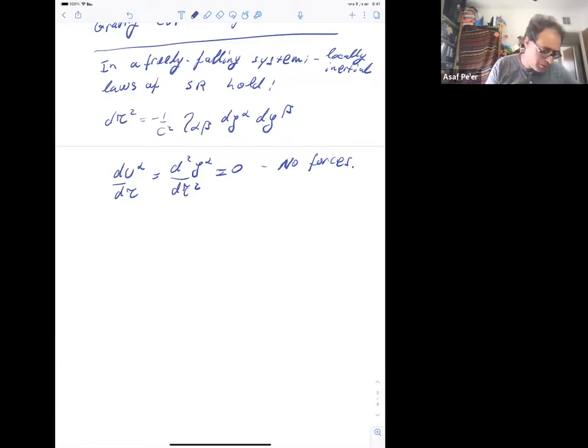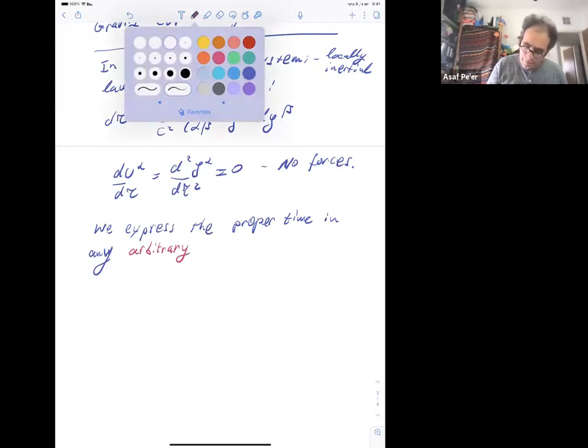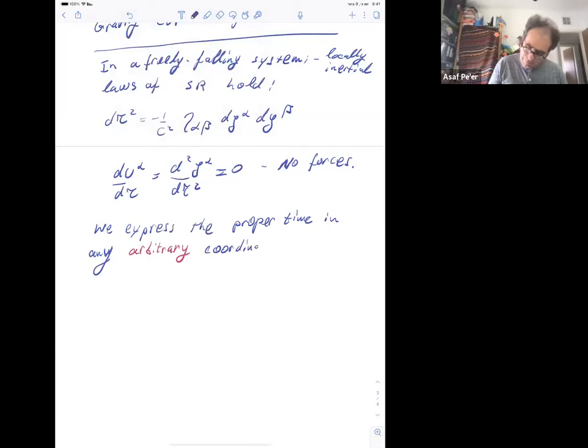So now we express the proper time in any arbitrary coordinate system, which I call x^μ. Remember, x and ξ are two different coordinates, so you cannot mix them. It's the same system, but described in a different coordinate system.